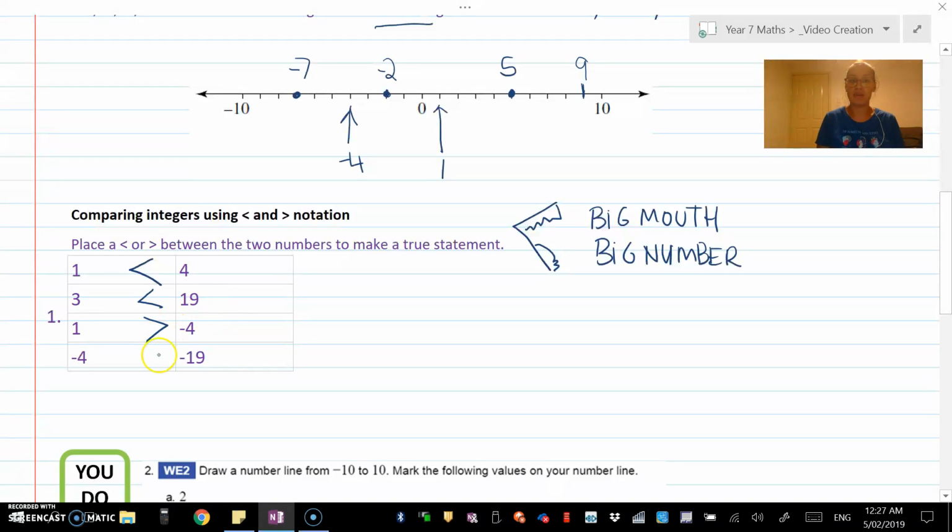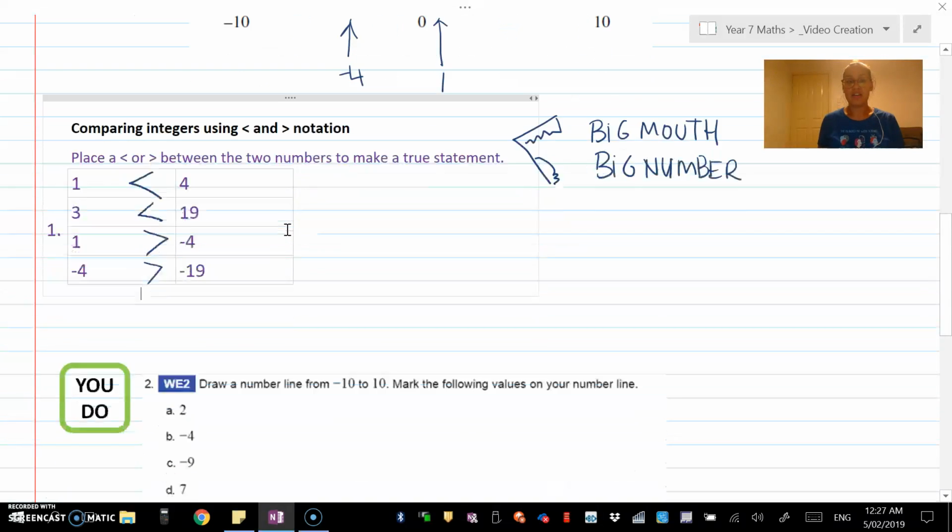Big mouth, big number. In this case, again, it might feel counterintuitive, but -4 is actually the larger number, even though in absolute value 19 is larger than 4. So just remember, if it's got a negative in front of it, you're moving away from the 0 and it's becoming a smaller number.